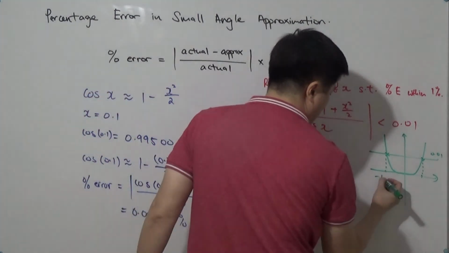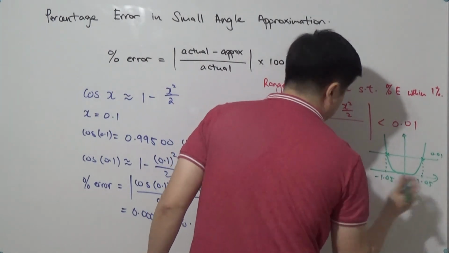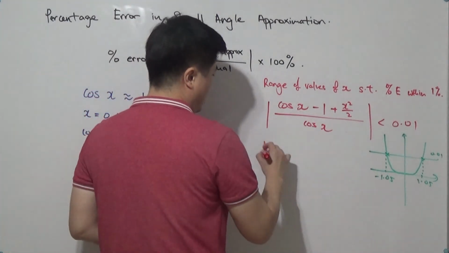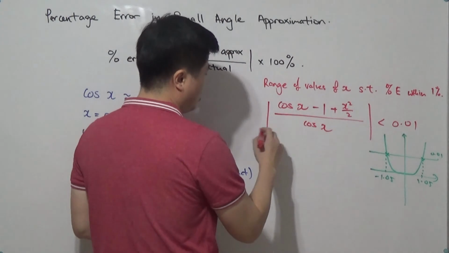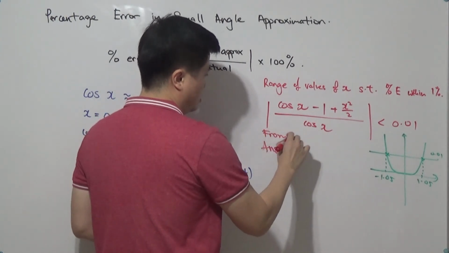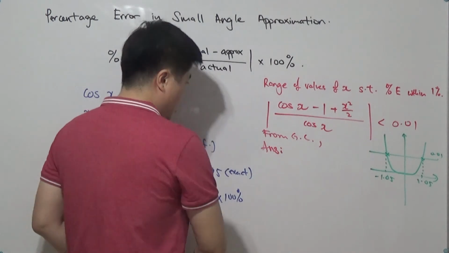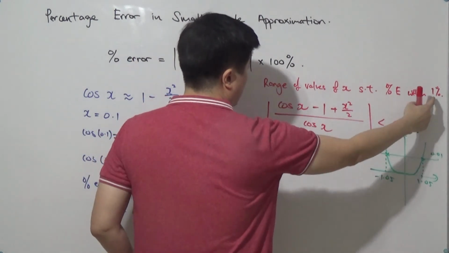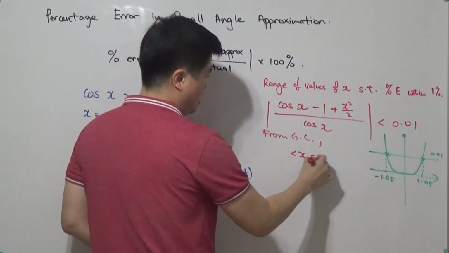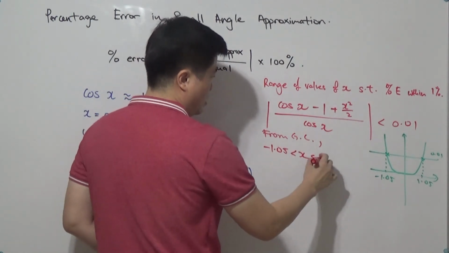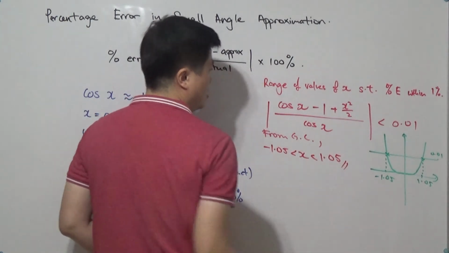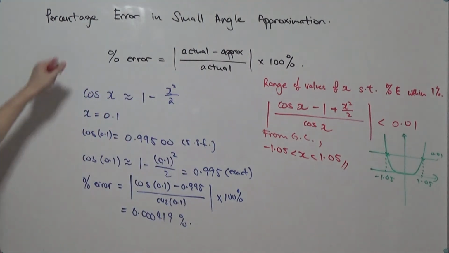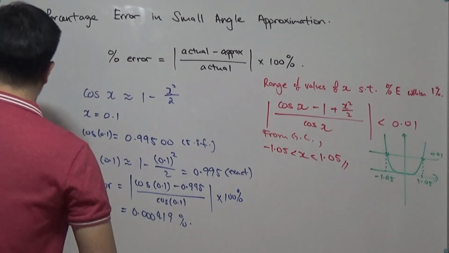So the range of values of x, from the GC, for the percentage error to be within 1%, is that x must be between minus 1.05 and 1.05. These are the variants of questions that you can get when they are asking you to figure out the percentage error. So there you have it.